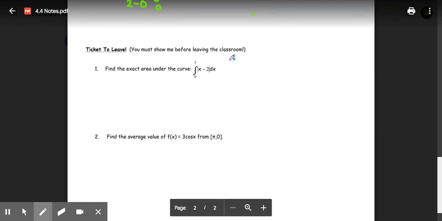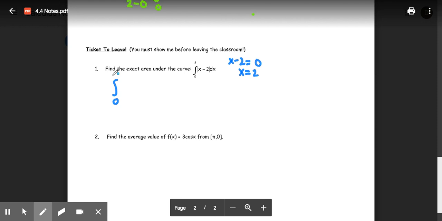You get the vertex by setting the inside equal to 0, and you get x equals 2. Okay, that's your vertex. Since this integral goes from 0 to 5, and the vertex of 2 lies in the middle, you have to split this integral up at the vertex.